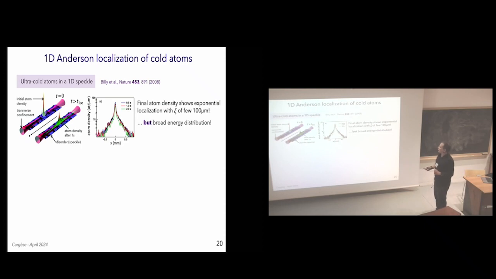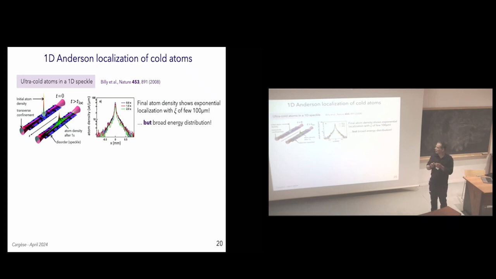So certainly the most famous experiment measuring wave packet localization in 1D was performed in the group of Alain Aspect at Institut d'Optique in Palaiseau in 2008. What they did here is essentially the same as in the initial experiment I showed you for diffusion, but here it's in 1D.